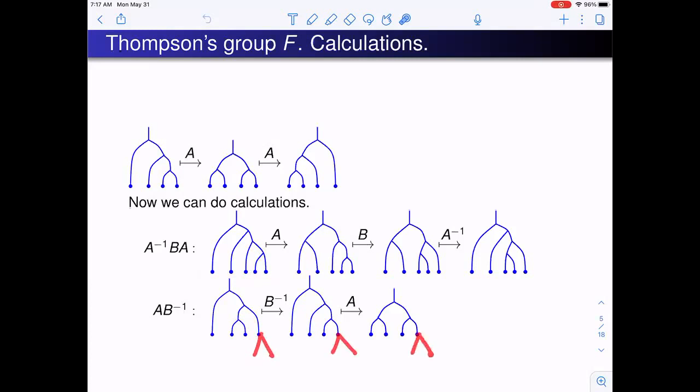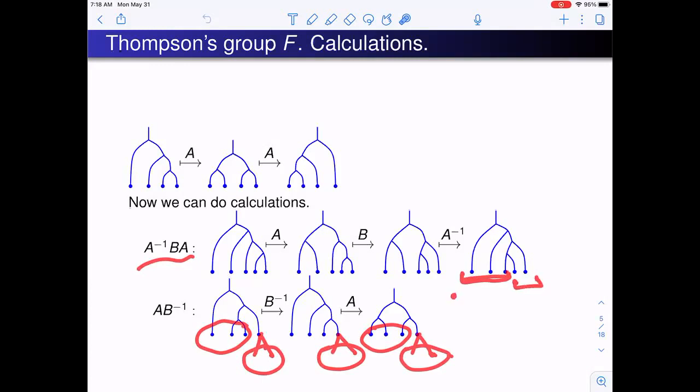And what I can observe is that this one actually changes the first three leaves but leaves the second two intact, because I just take an extra caret here. So these elements actually act on different subsets of leaves. The first one acts only on those two leaves, and the second element, this one, acts on the first three leaves.